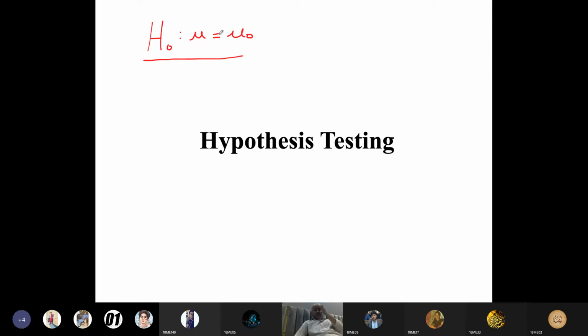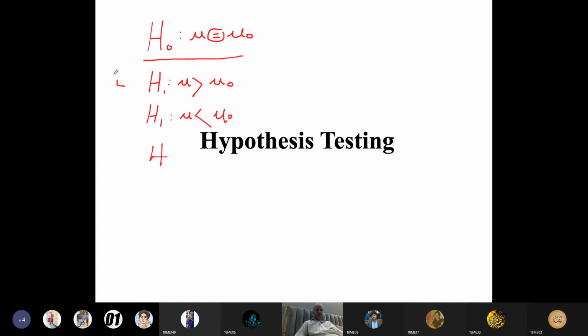And then against the null hypothesis, three alternatives exist. Against the equal sign, three signs exist. This is what again we discussed, that mu is greater than mu naught, that the sample mean is more than the population mean. One more H1 we said, that mu is less than mu naught, and not equal.